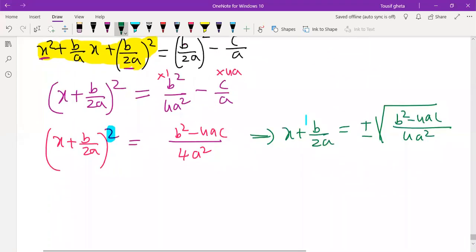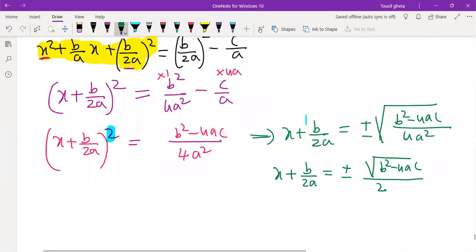So we will write x plus b by 2a is equal to plus or minus root of b square minus 4ac divided by this root 4 means we'll get 2 and this root a square will get a.